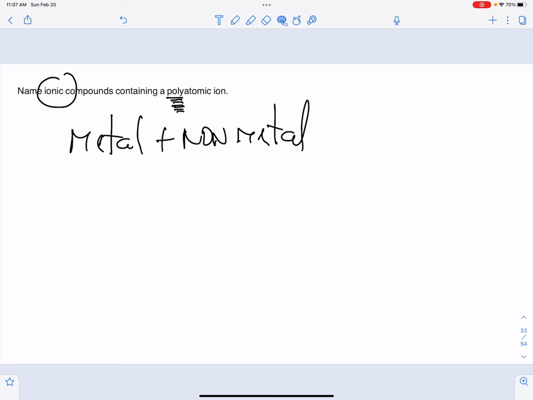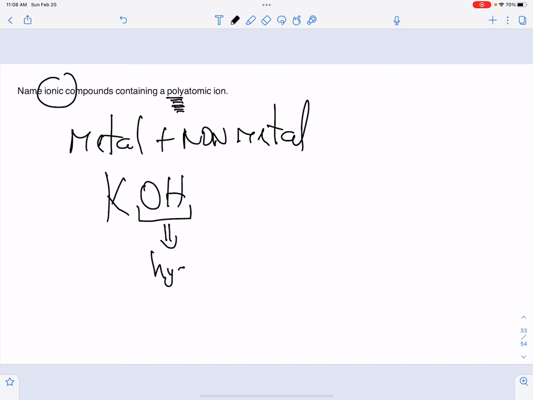This is super easy. Let's say, for example, that I have KOH. You have to recognize that this is one of the polyatomic ions and its name is hydroxide, and that's on the table. And like always, the first one according to the periodic table. And just like that, the name of both of them.